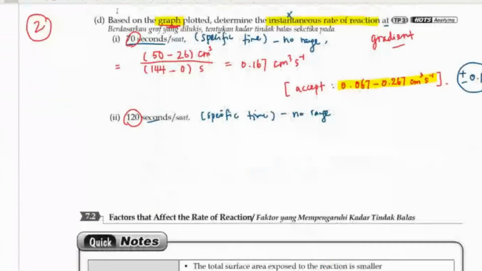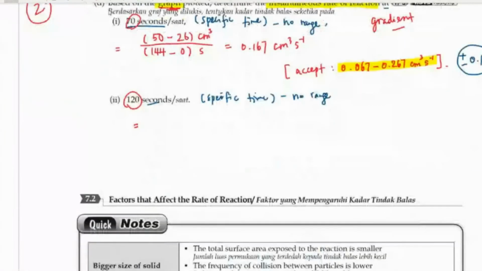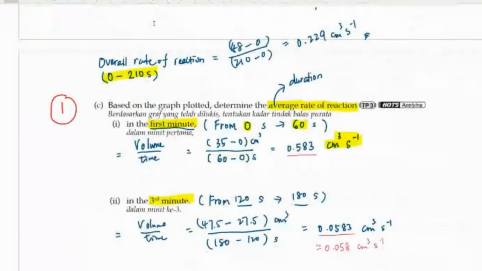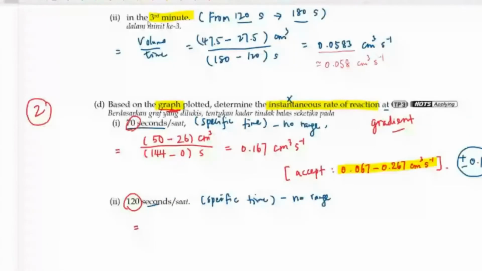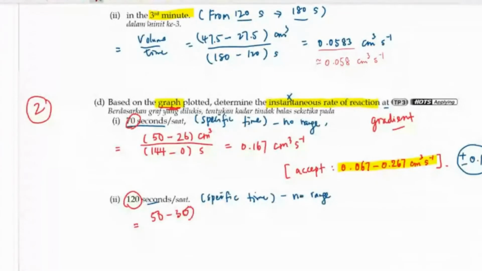So I calculate the volume change, 50 minus 30, divided by time, 144 minus 0, in cubic centimeter per second.